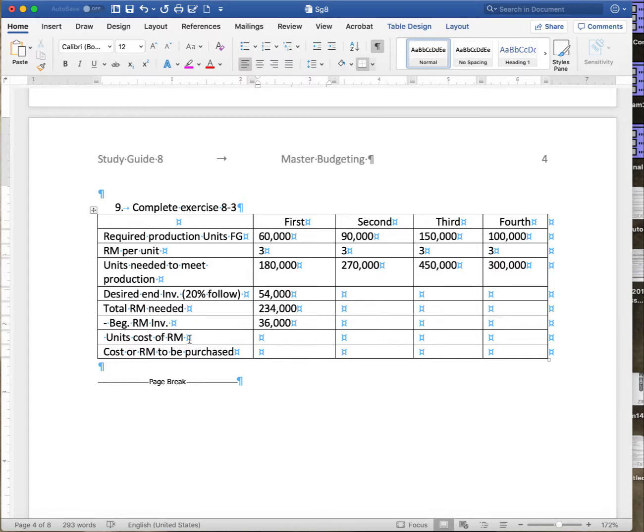I made a mistake here, bear with me. Yep, units of raw material needed. So I'm going to say 234,000 minus 36,000 gives me 198,000 units. Where it says unit cost, let's delete that, and we're going to delete the whole thing.